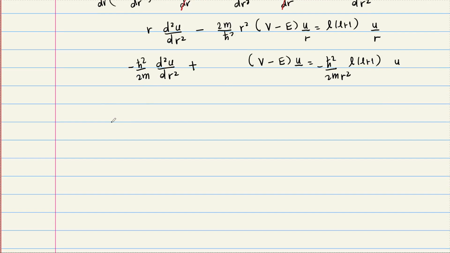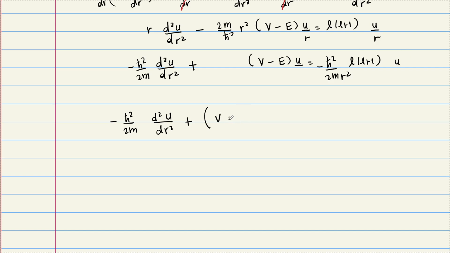So let me just write this cleanly. Minus h bar squared over 2m d squared u dr squared plus, so I will write E on the other side, so it's going to be like a Schrödinger equation.